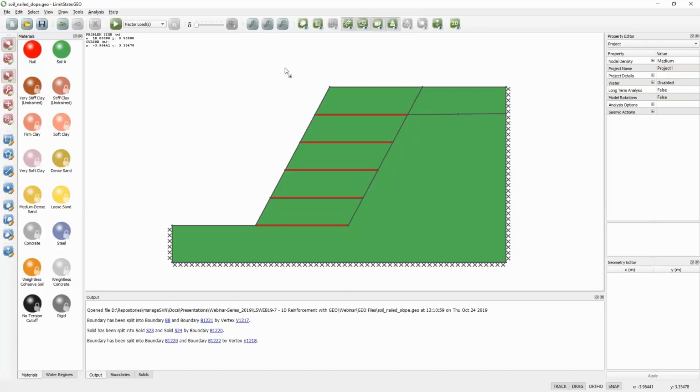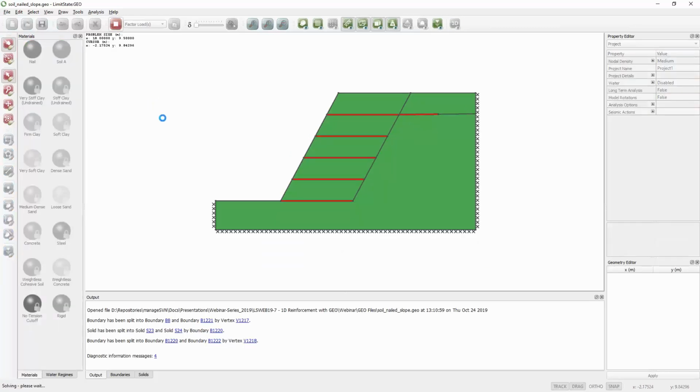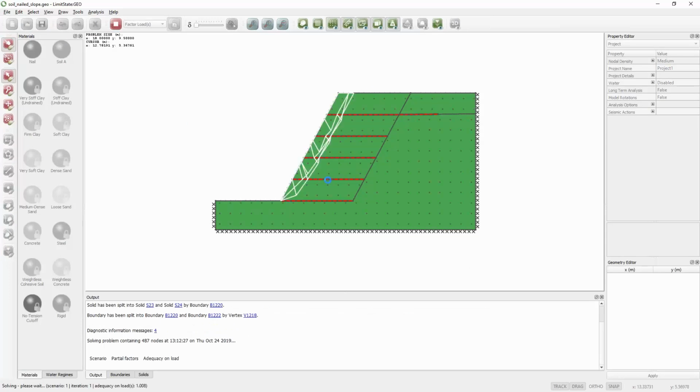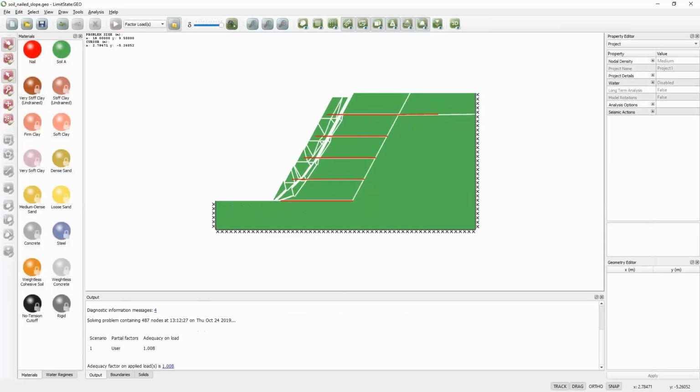I can use drag and drop in the software and drop that there, and now I've extended the nail all the way through to this point. It's still connected to a boundary here, but this boundary effectively is just modelling the soil, while this boundary is now modelling the reinforcement. It probably won't make much difference to the analysis because we're getting a local failure on the face, so this extra level of reinforcement makes very little difference to the failure that we're getting.